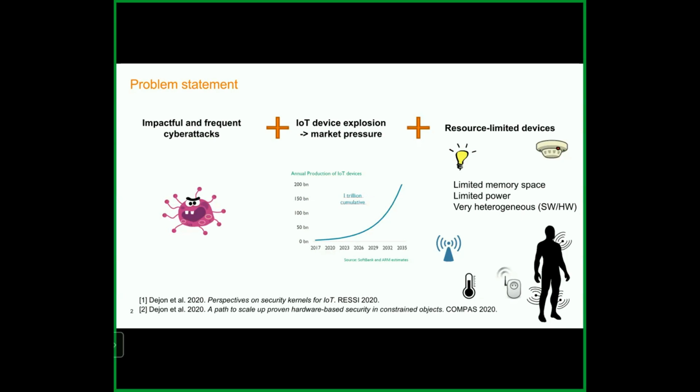And these devices have specific characteristics, and they are resource limited. That means that they have a small memory space, limited power, and they have hardware and software computer components that are very heterogeneous and different from general purpose systems. And so we want to secure these constrained devices.